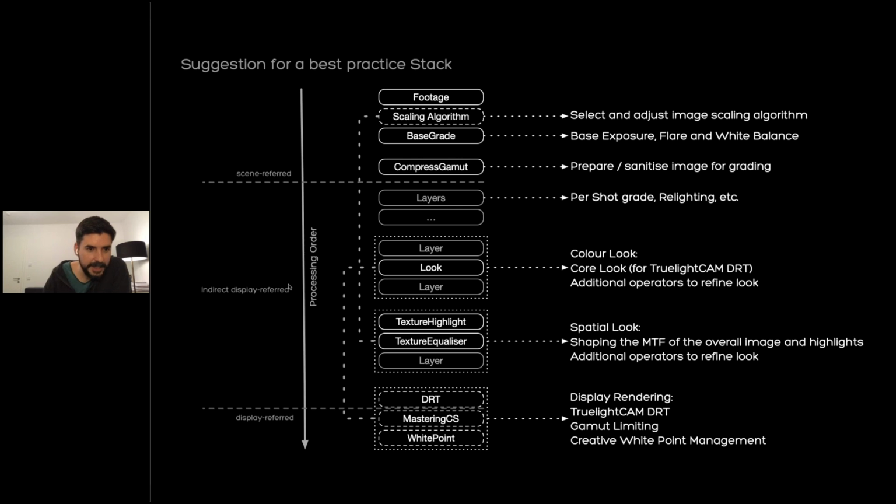But still, this would be what in some OTT workflows would be called a GAM, like a graded archival master, for example. So it's not truly scene referred, but it's still giving you more possibilities to process it further.